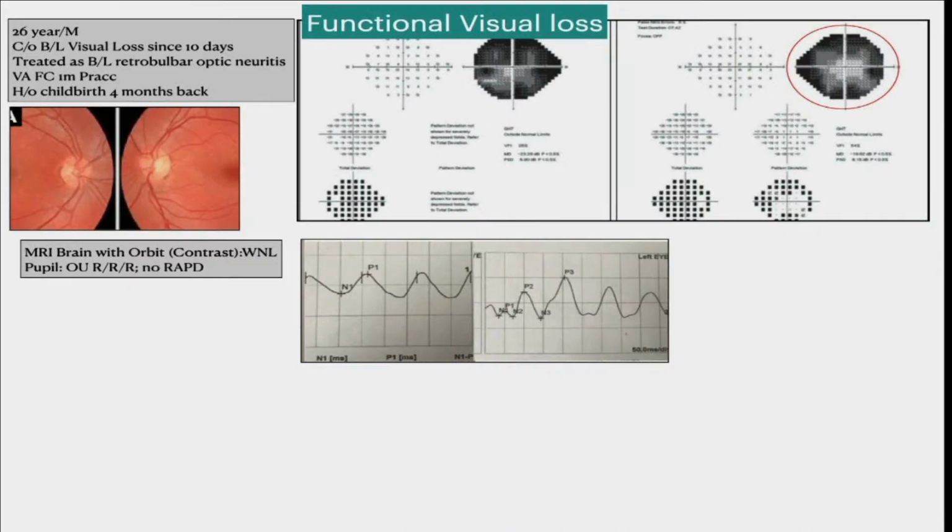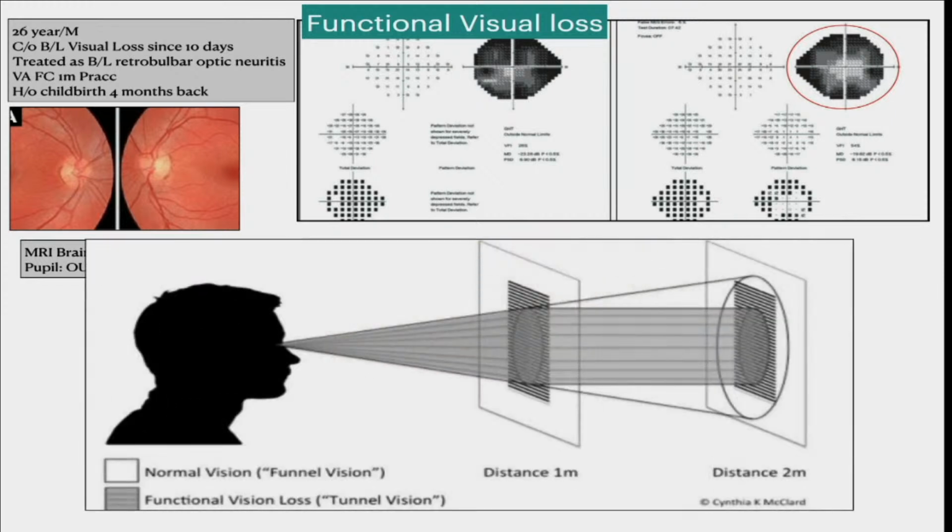So I'll go to functional visual loss, which is just to tell you that sometimes we do have visual loss, and just by seeing the fields in isolation, you might get confused. But the clinical examination of the patient may not really have any deficits which correlate with the field. So it's very important to correlate the clinical and the field findings.